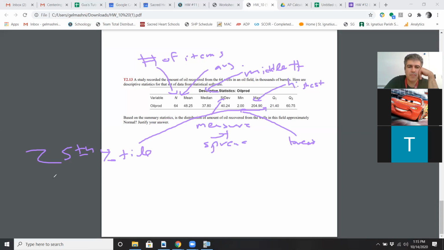This means that 25% of wells have less than 21.4 thousandths of barrels.